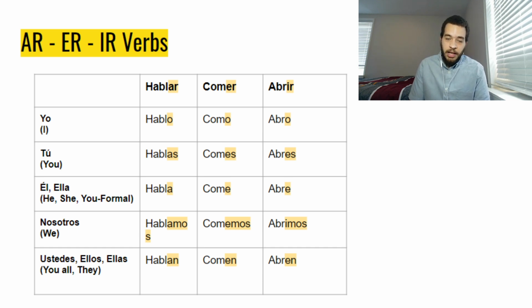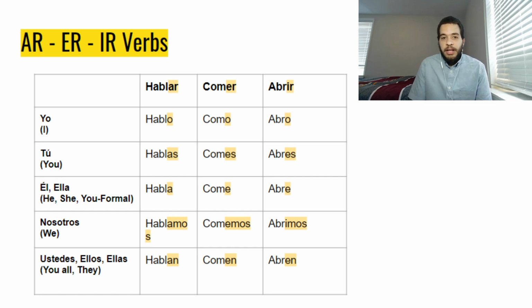Now we have comer in the middle column, which means to eat. Yo como, I eat. Tú comes, you eat. Él, ella, usted come. He or she eats, formally, you eat. Nosotros comemos, we eat. Ustedes, ellos, ellas comen. You all, they eat.